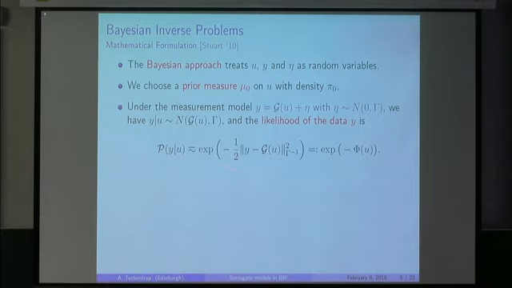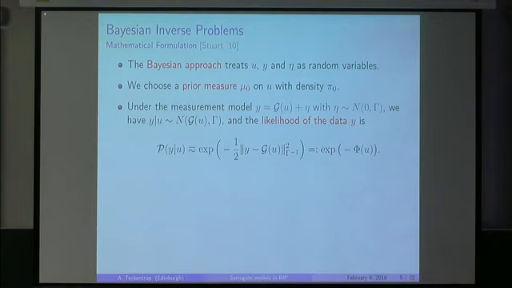I'm hiding the constant in front because it's not important for our purposes, and so we just get this density here. Because I'm going to be using it a lot later, I'm going to denote this term by phi. So phi is just the negative log likelihood of the data.